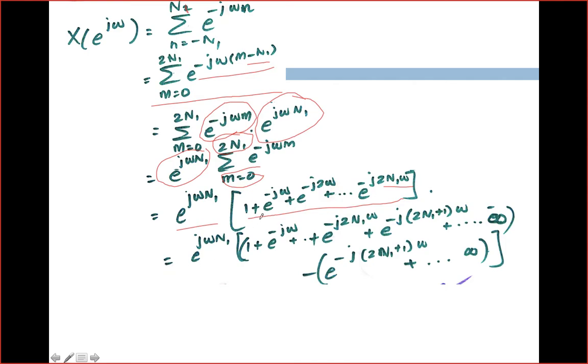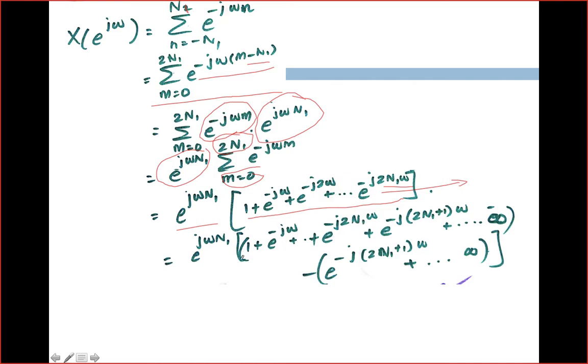Now what I am going to do is a modern addition and subtraction of this equation. I am going to expand this equation, write it up to infinity, and subtract what I am expanding.